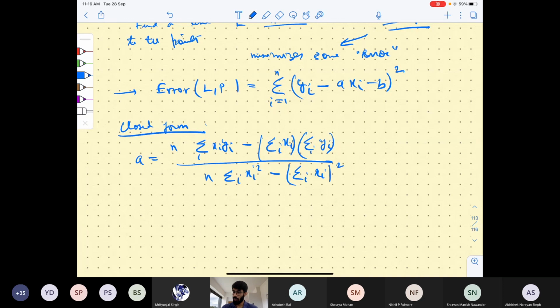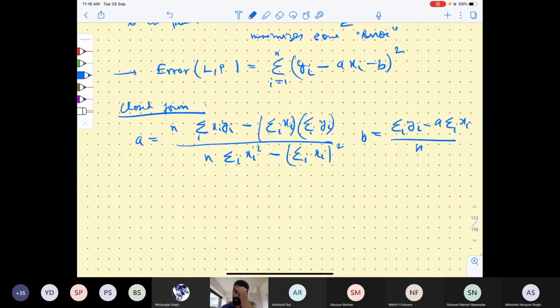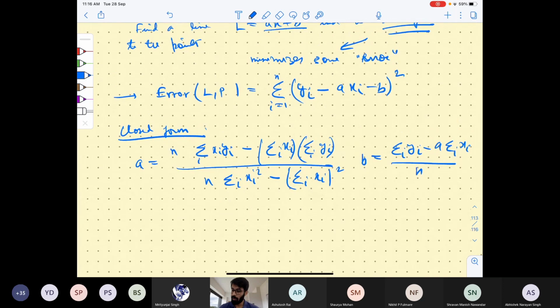So this is a, and then b is equal to summation i yi minus a summation i xi, divided by n. Okay. So there is a closed form for finding this particular line that minimizes this particular error, right? So problem solved. I mean, we don't need to do anything, right?